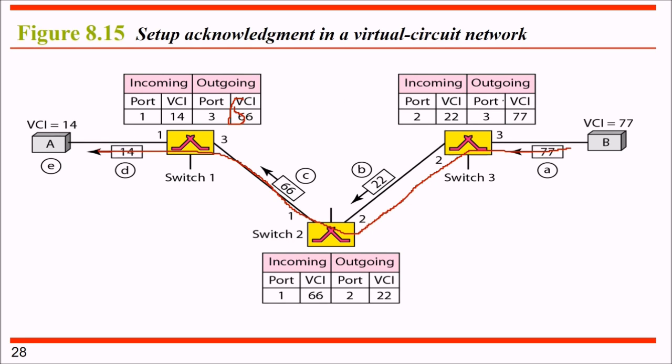Now you see all these connections have been assigned, because as we said, a virtual circuit network is a blend of circuit switching as well as packet switching. So now you have these VCIs, and the communication can commence.